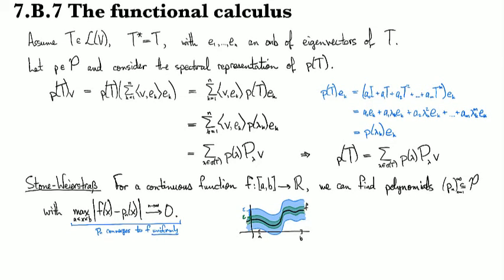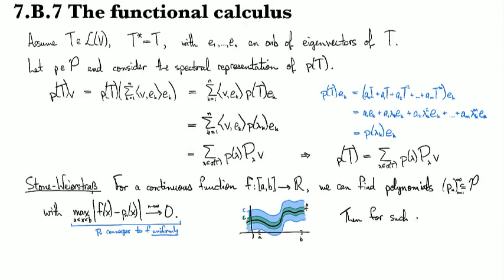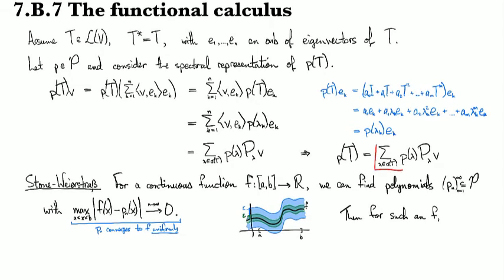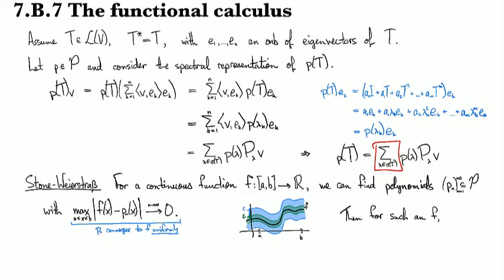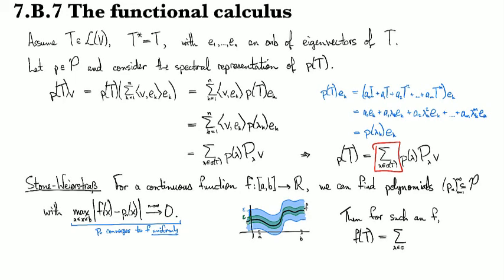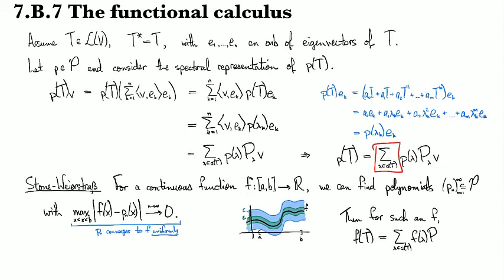So in particular, for such an f like this, this means that we can actually pass it through the sum, and by sum I mean this sum right here, and get that f of T is equal to the summation over the spectrum of f of lambda times the projection onto the lambda eigenspace.